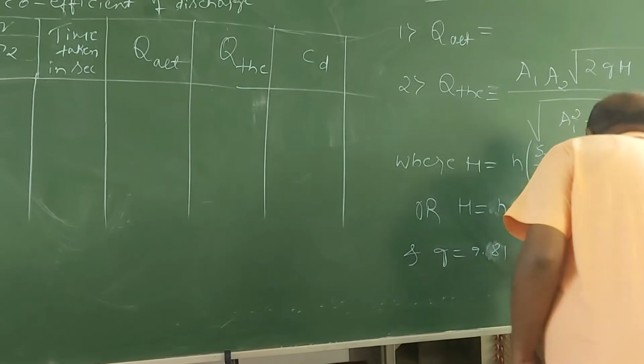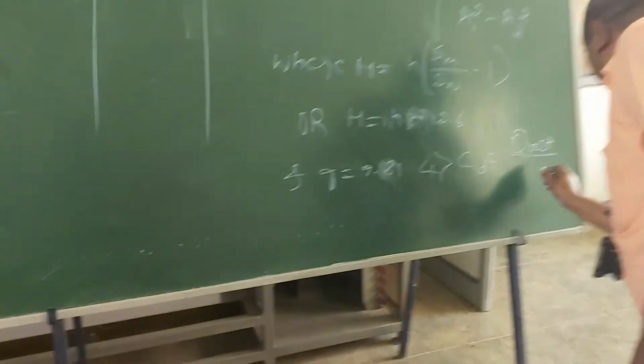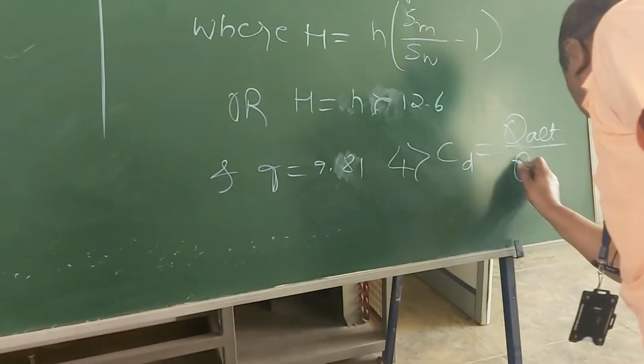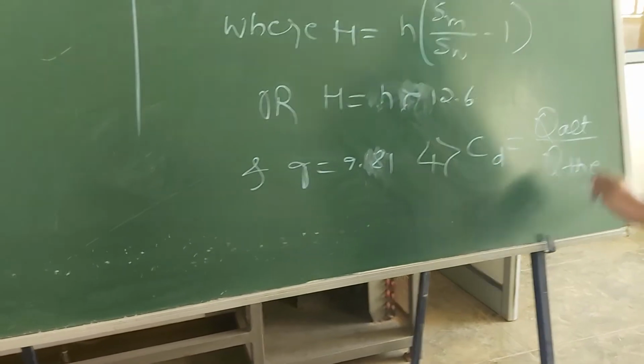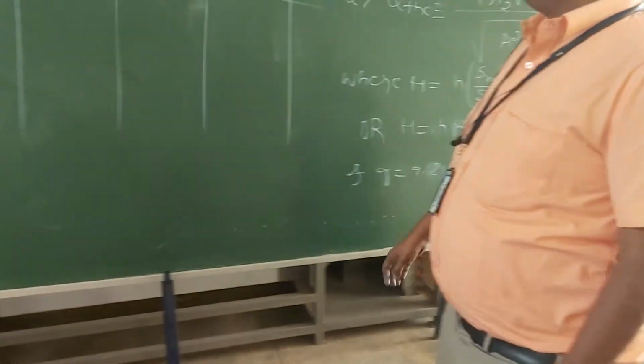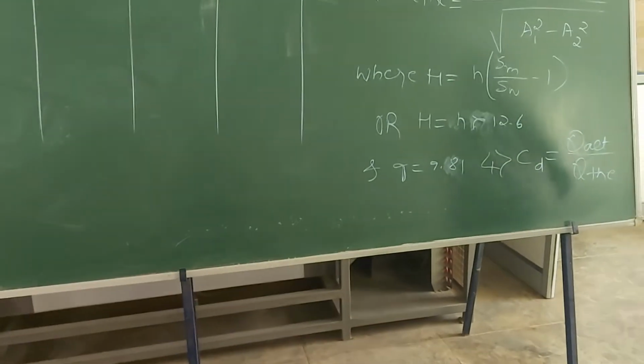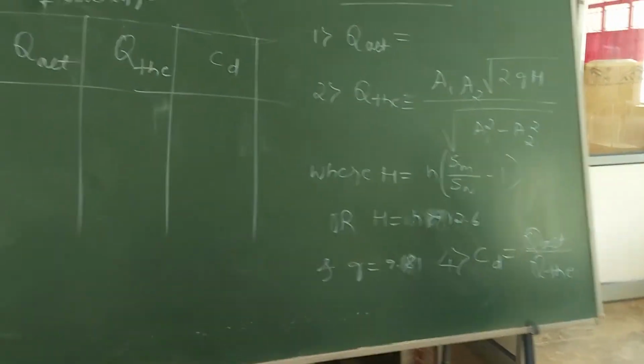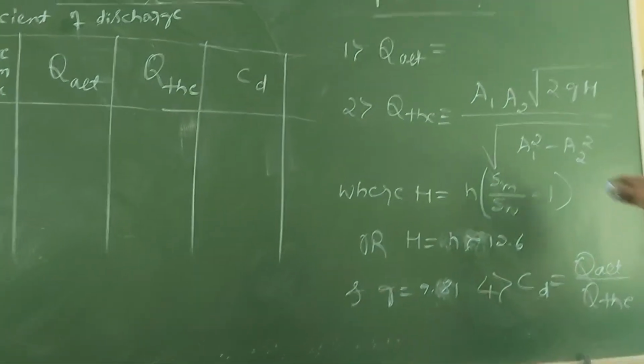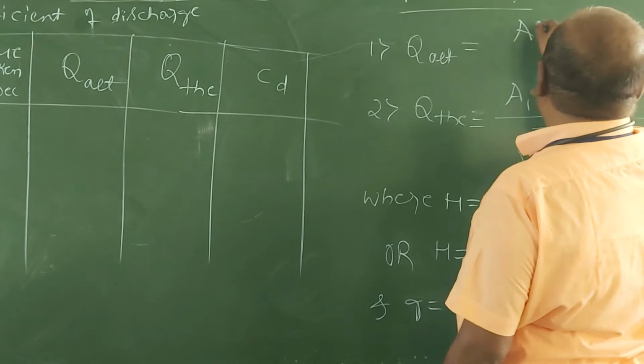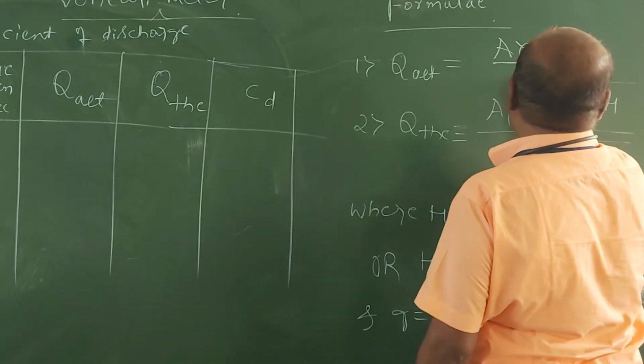Now, how do you find out Q actual and Q theoretical? Q actual is A into R by T.